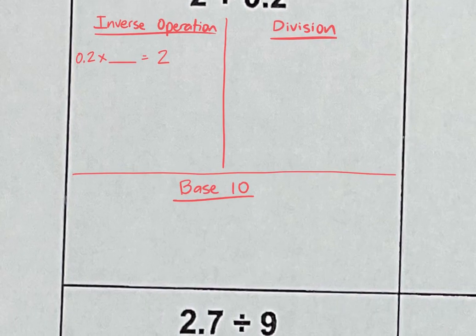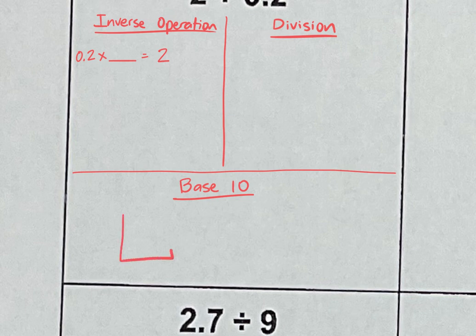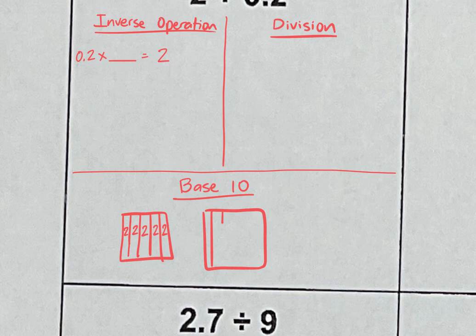So let's take a break and look at the base 10 of this. If I have 2 wholes, how many tenths are in 1 whole? 10, right? So that means we would have 2/10, 2/10, 2/10, 2/10, 2/10. If I have 2 wholes instead of just 1, I have to break this up into 2/10 as well, correct?